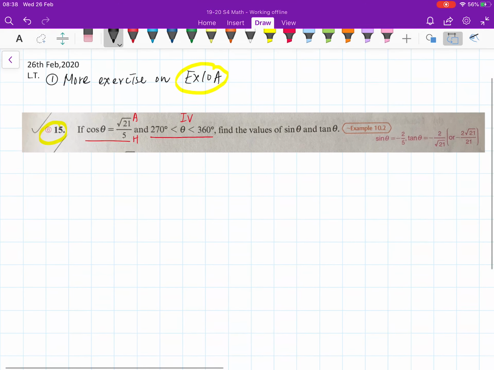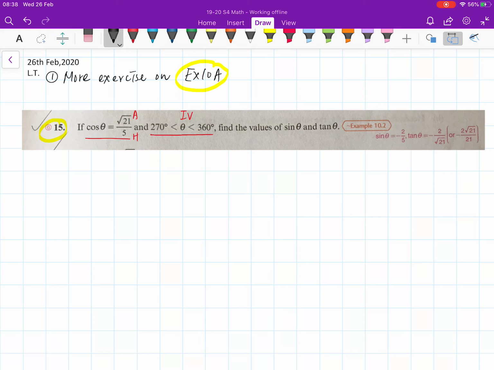Using these two pieces of information, we can construct the triangle. First we have to draw the xy axis, and then we will construct the right angle triangle in quadrant 4.